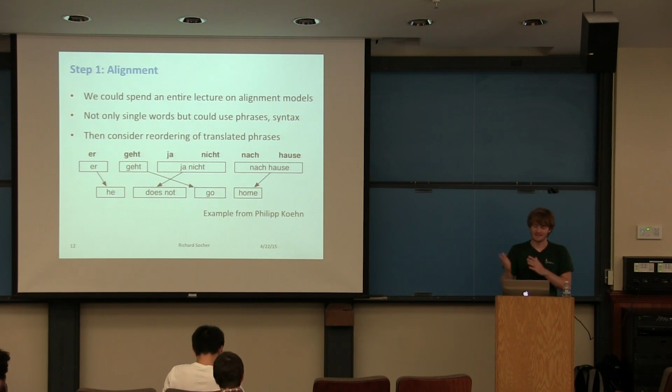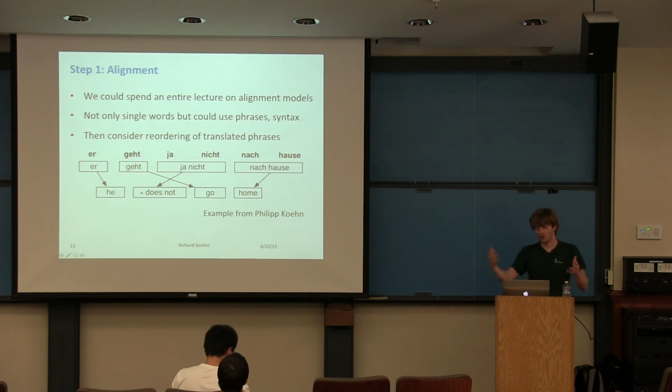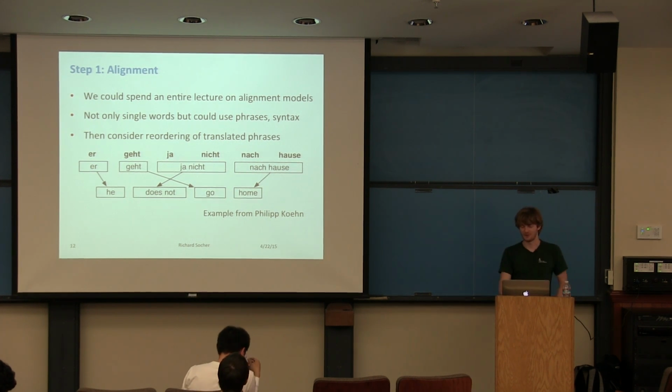And so basically, you also need to, at the end of the day, consider all the potential reorderings. So here in German, if you have "geht ja nicht nach Hause," then "ja nicht" is actually sort of "yes not," but in this translation, and commonly in parallel corpora, it would just translate to "does not." And so "he does not go home" basically needs to have some reordering.